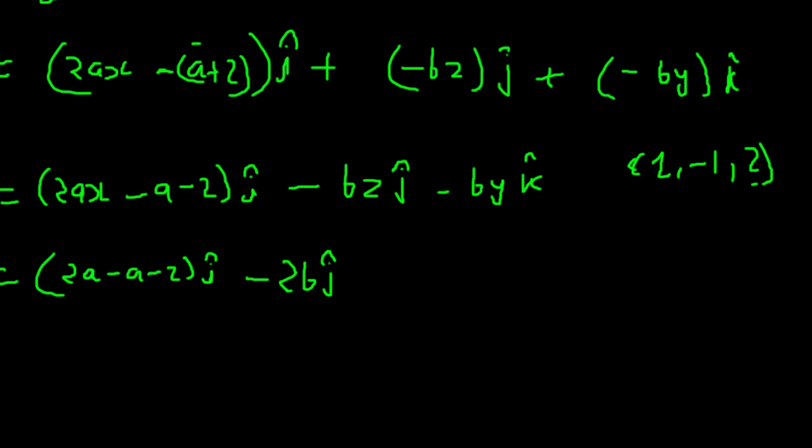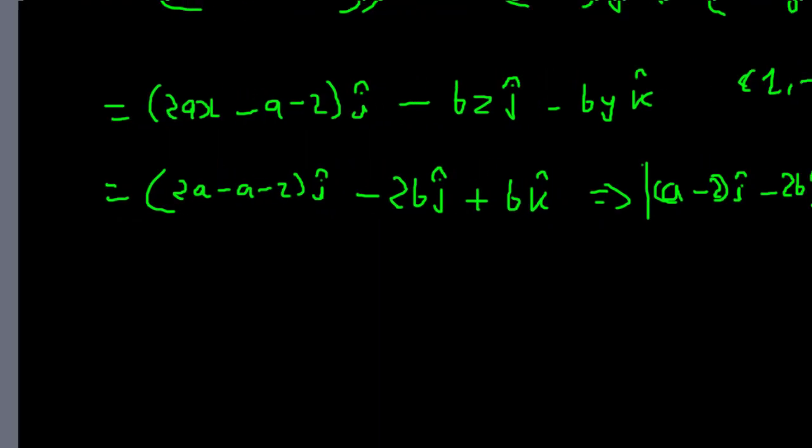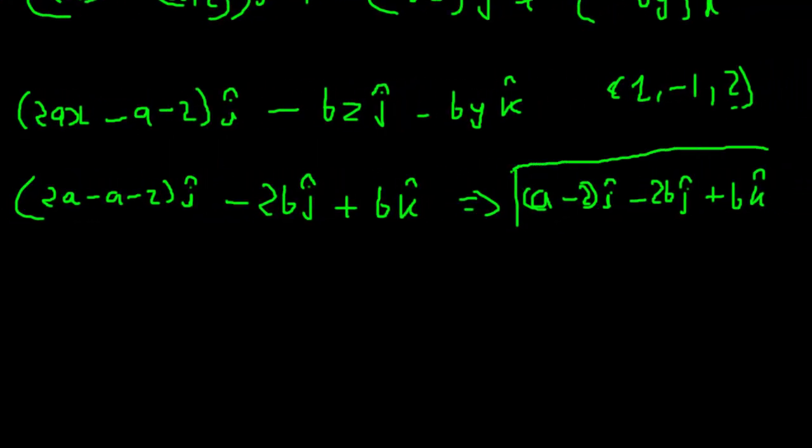In addition, for y, when we put minus 1, we'll get plus b k cap. Simplifying this, it will be 2a minus 2 i cap minus 2b j cap plus b k cap. So this is the value of gradient of f1.